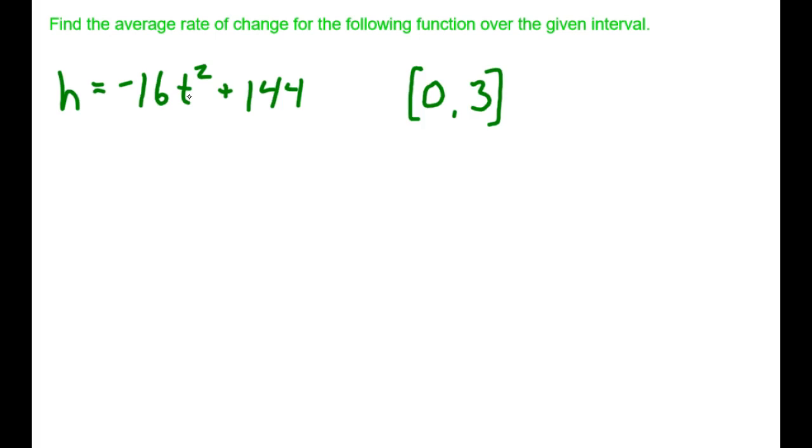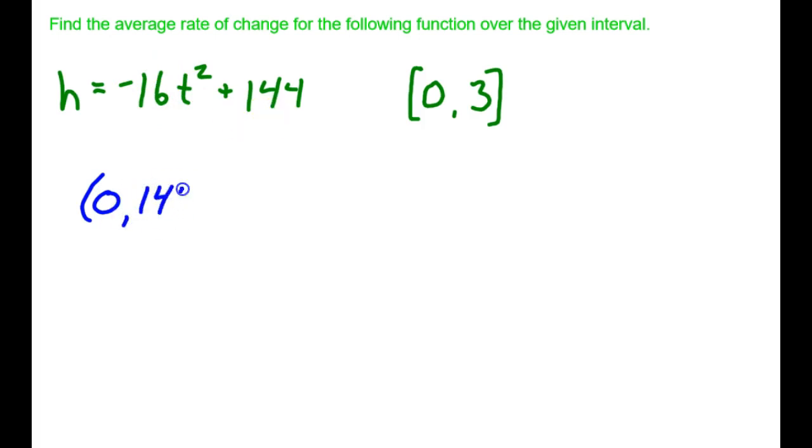Okay, so what we need to do is find the ordered pairs represented by these endpoints. So we're going to plug 0 into this equation to find the corresponding h value, and then we're going to plug 3 in for t in our equation, simplify it to find the h value, so we have these two ordered pairs. So the first ordered pair, if I plug in 0 for t, I'm going to be left with 144.